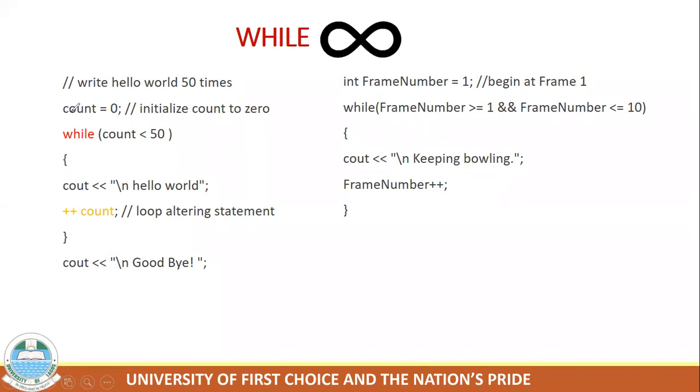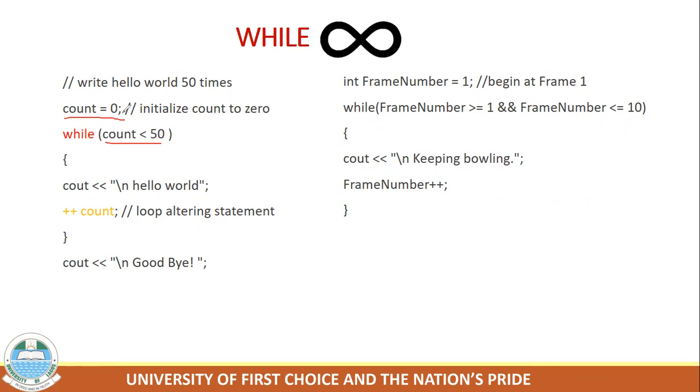Now, this is the stopping criterion. When are you going to stop this loop? When count is no longer less than 50. That is when you will stop this iteration or this loop.